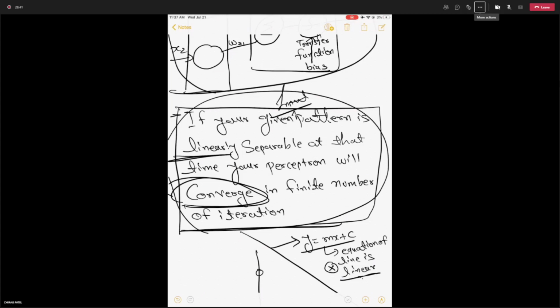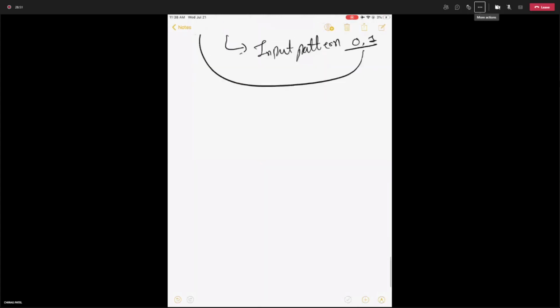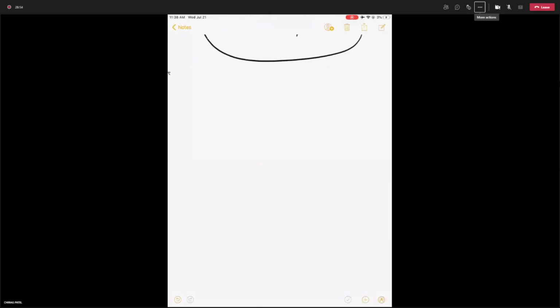But if my pattern is not linearly separable, what will happen to this machine? So first we are going to see what we mean by a non-linearly separable pattern.